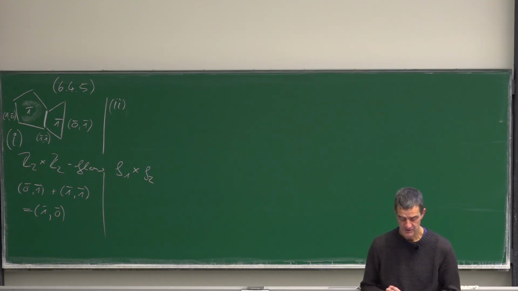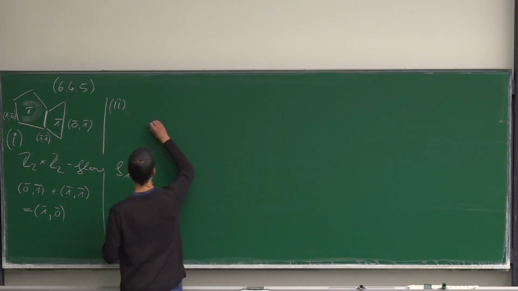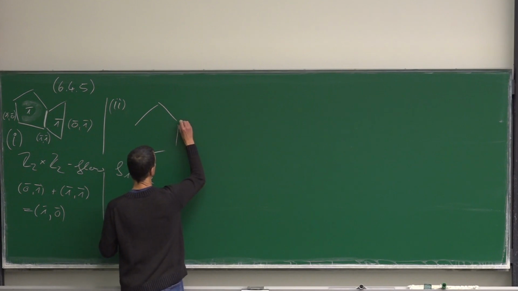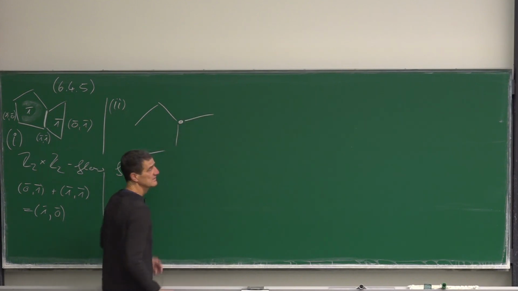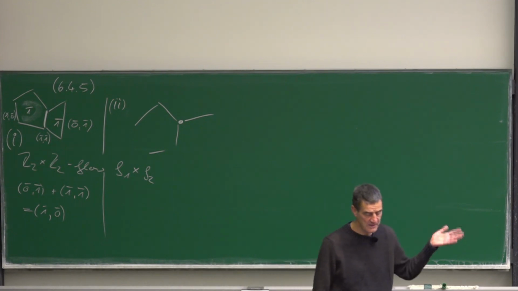And what do we use? We have a cubic graph. So we have a cubic graph with a Z2 by Z2 flow.